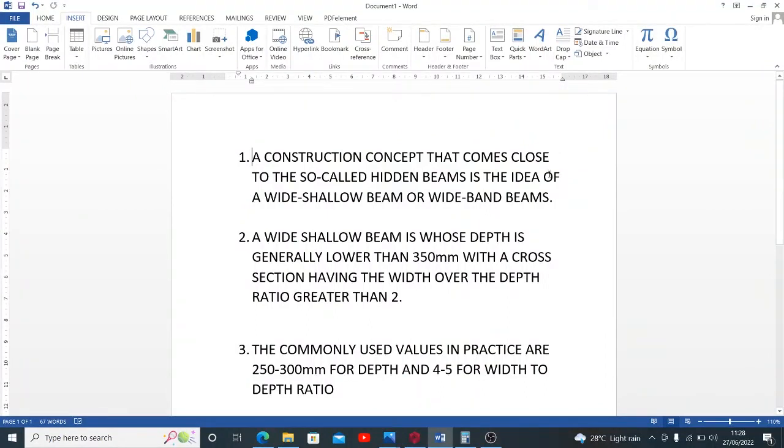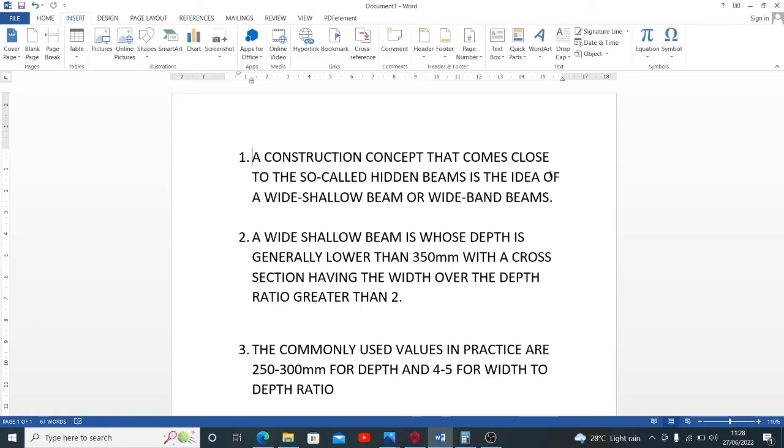So I have 3 points that will take us through and make us come to agreement on this. The first one says a construction concept that comes close to the so-called hidden beams is the idea of a wide shallow beam or wide band beams.